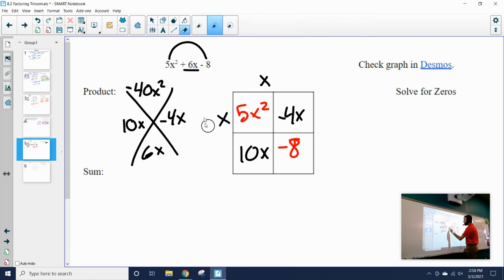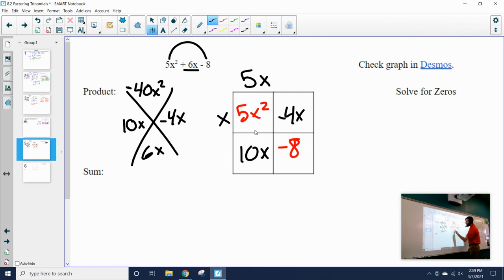So I need to make sure I'm putting my 5 in the right location so that my factors end up in the correct spot and I can continue to work out this box. I see that 10x, 10 and 5 are both factors of 5. So I know my 5 needs to go in this vertical column in order for it to be a factor of both of them. While negative 4 and 5 don't have a common factor, so I'm just going to leave this as x.